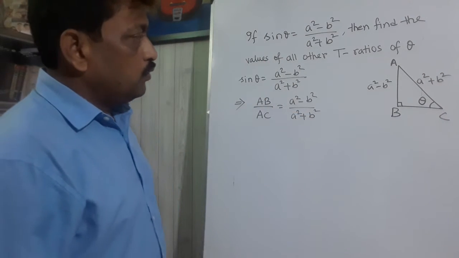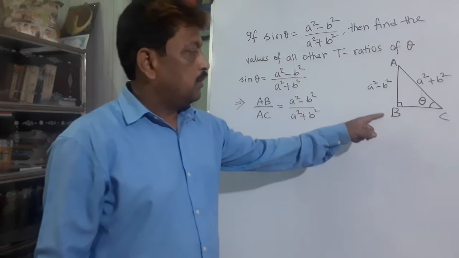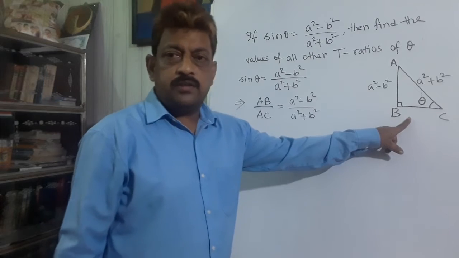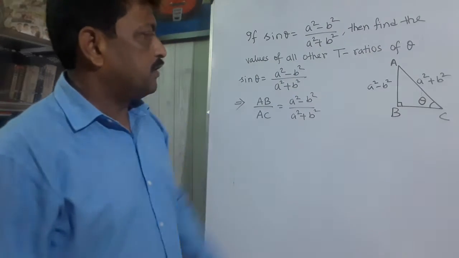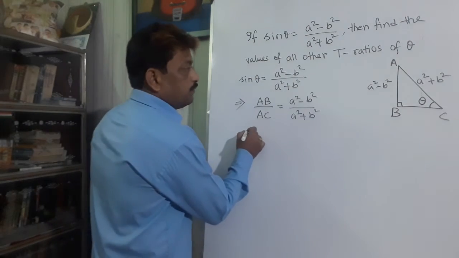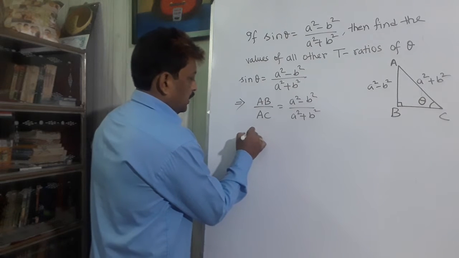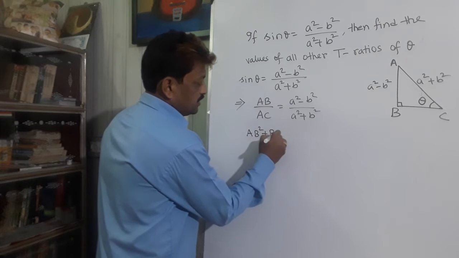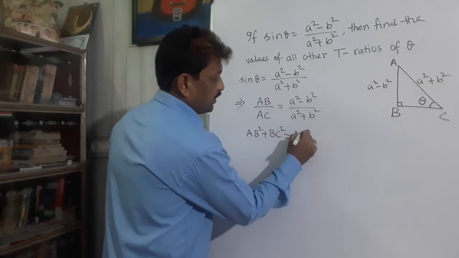Now, using Pythagoras theorem, I have to find the value of the third side BC, then I can proceed further. So AB square plus BC square is equal to AC square.